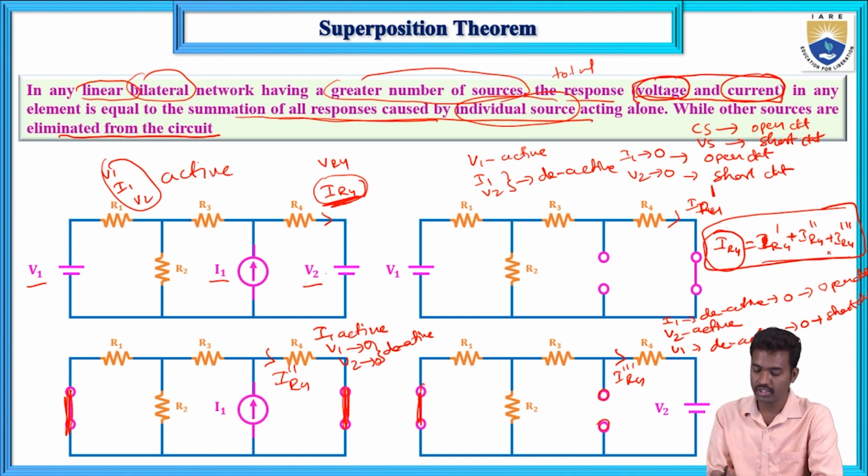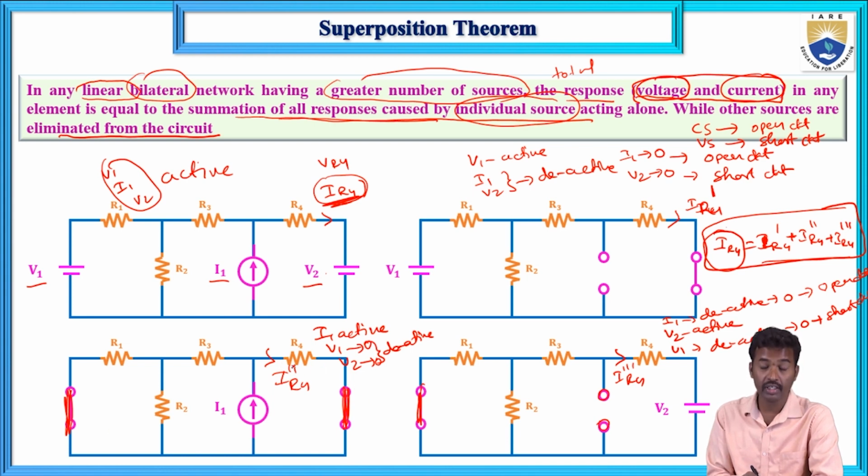individual responses. Individual response 1 is calculated when the voltage source V1 is active and the I1 and V2 sources are deactivated. Individual response 2, IR4 double dash, is calculated when I1 is active and V1 and V2 are deactivated.